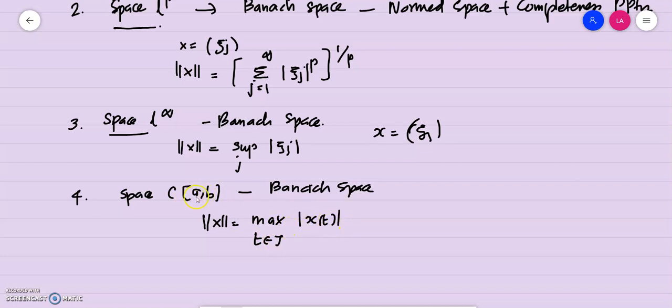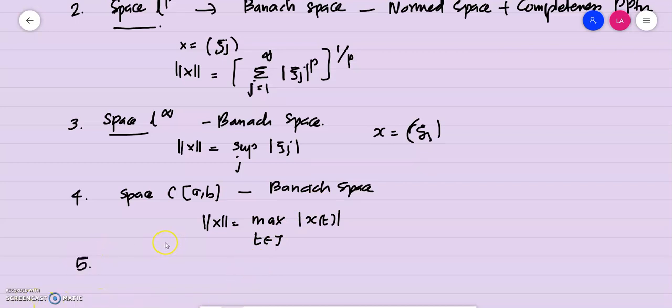Here we take the set of all continuous functions on the closed interval [a,b], which should be bounded. Then we take the maximum of that function as norm x. In this case also we have established that it is a metric space. Use the same arguments to prove that it satisfies the conditions of a normed space, and its completeness was also established in the case of metric space. So I won't be discussing that as well.